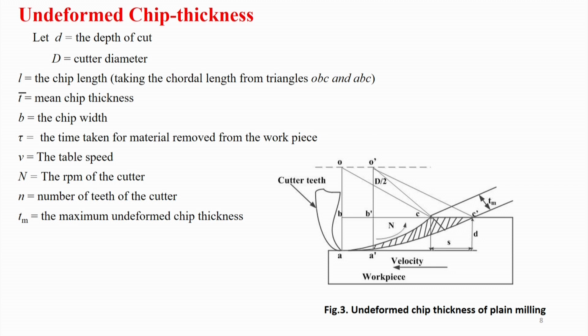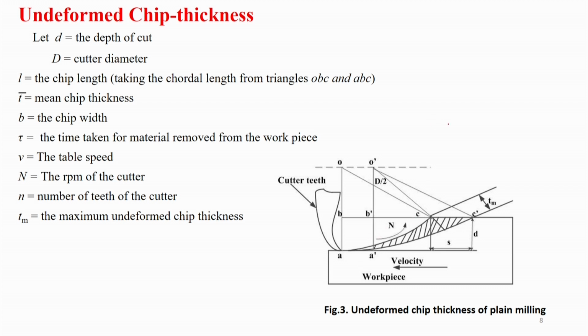Now, let us discuss the case of plane milling, let us say it is horizontal milling. I want to see how the chip thickness varies. So, here I am showing that type of situation: this is a cutter and this is a table with a workpiece velocity, moving in this direction.